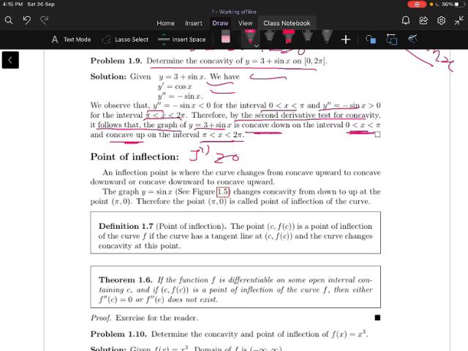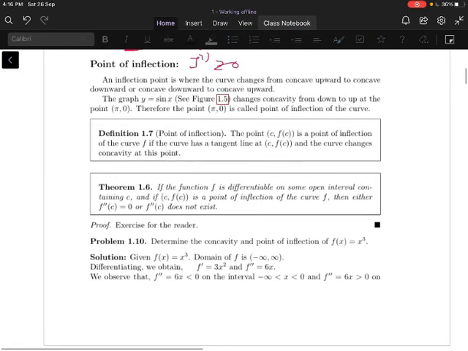So therefore, the curve is concave up for the interval pi to 2 pi. You can conclude that the given function y is equal to 3 plus sin x is concave up for the interval pi to 2 pi and concave down for the interval 0 to pi.